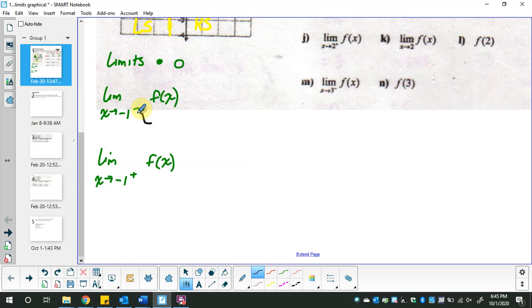So this indicates left side, and this indicates right side. And again, your answer could be a closed dot or an open circle at whatever x value is being approached.